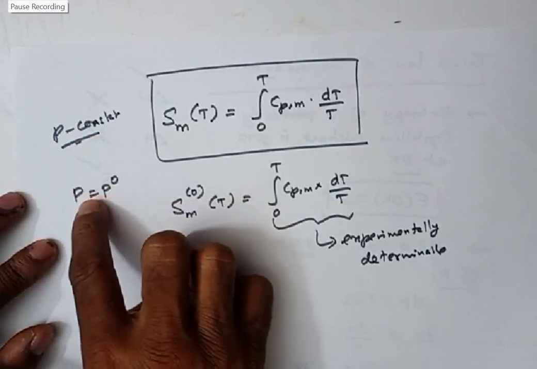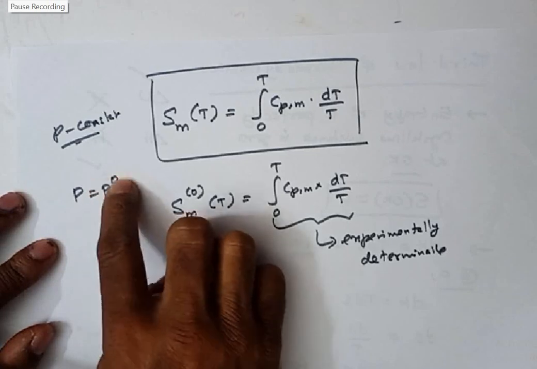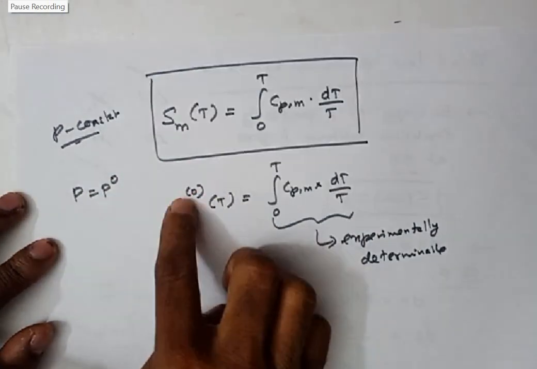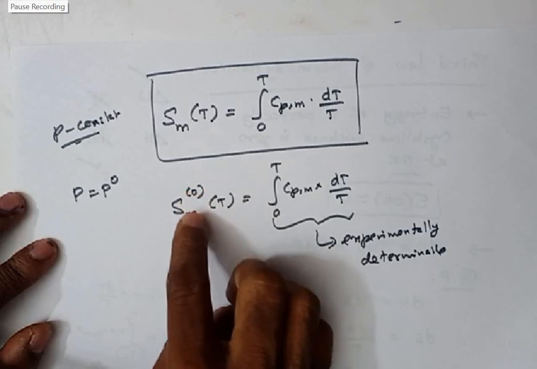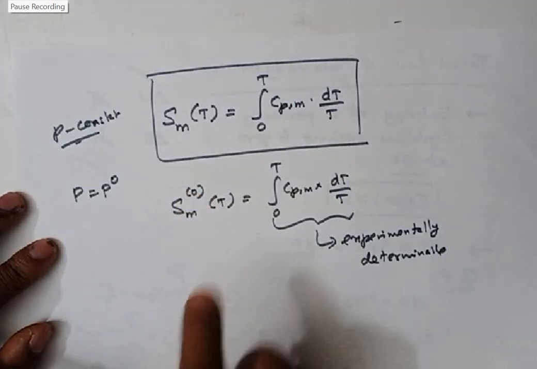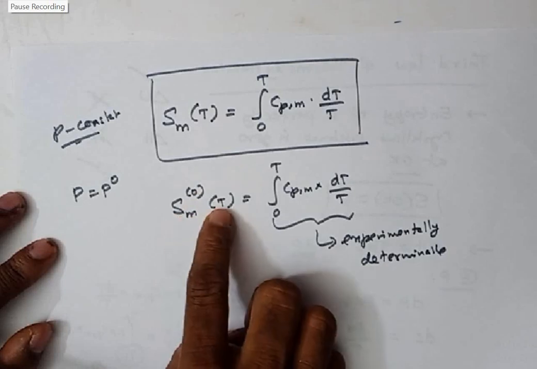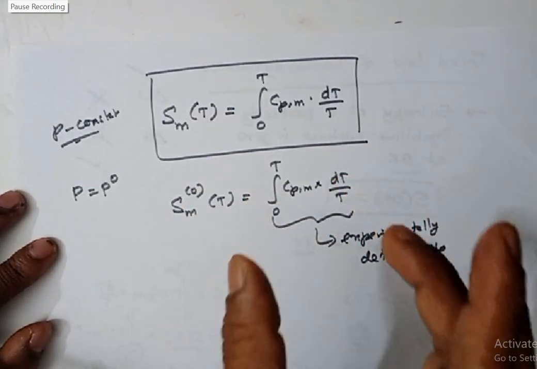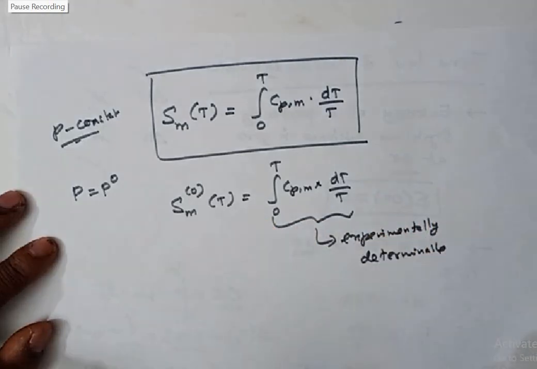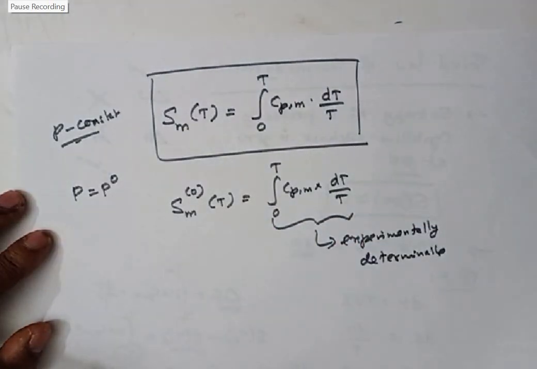If I keep that constant pressure as P0, what is P0? Standard pressure. Then that entropy can be called the standard molar entropy of the substance, standard molar entropy at temperature T. Yes. And this right hand side quantity is experimentally determinable. We can determine it through experiment. Okay. Take down.